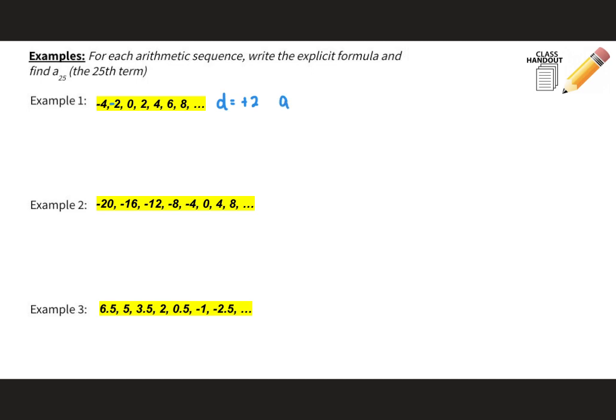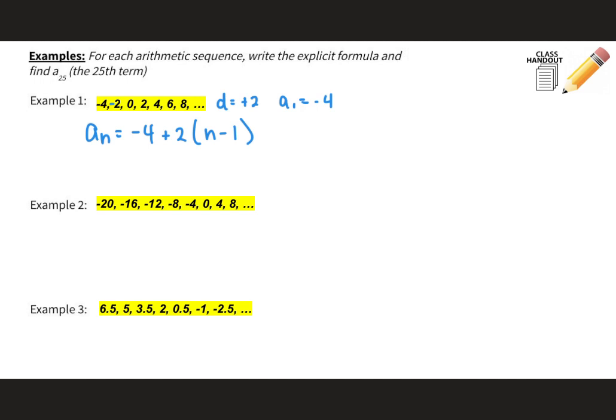And our first term in this case is negative 4. So the explicit formula is going to be a sub n equals the first term, which is negative 4, plus our common difference, so plus 2 times n minus 1.